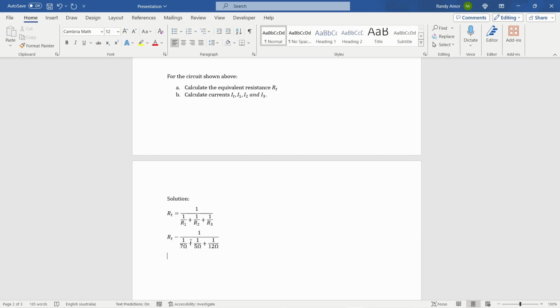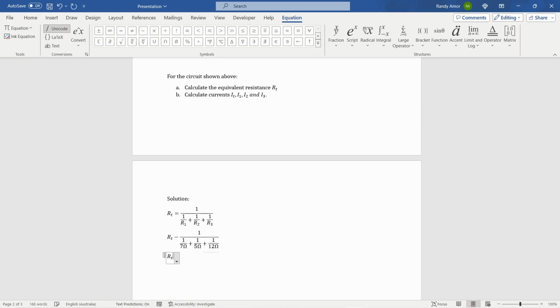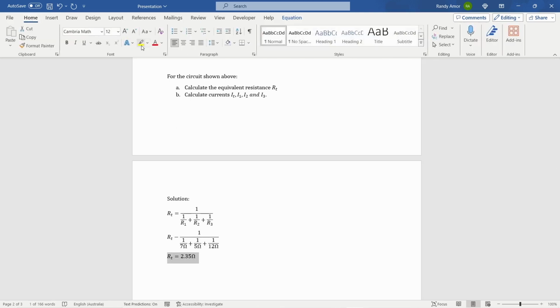So our RT will be equal to 2.35 ohms. That will be the value of our equivalent resistance RT.